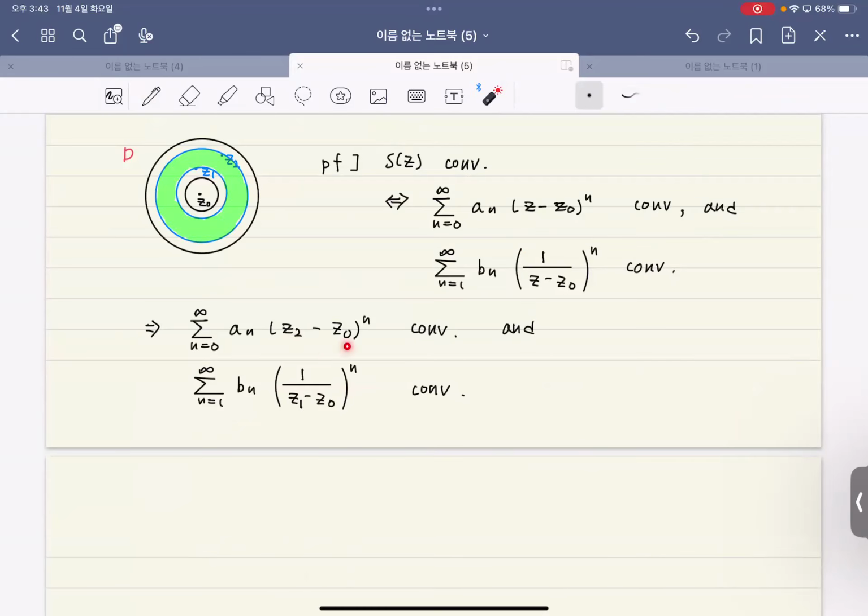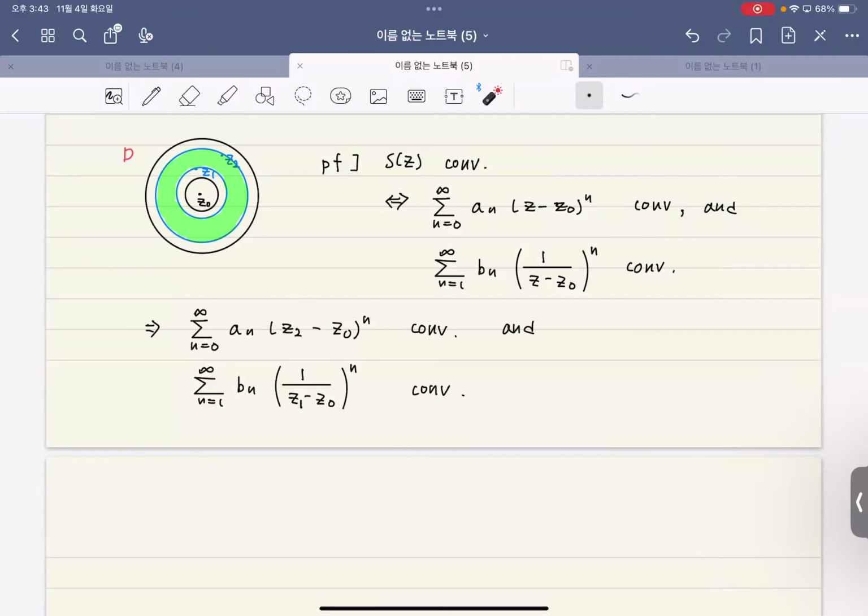Now take a look at these two series. This is clearly a power series of Z2 minus Z0. For the second infinite series, I can also say this is a power series, but not of Z1 minus Z0; it is a power series of the fraction 1 over Z1 minus Z0.